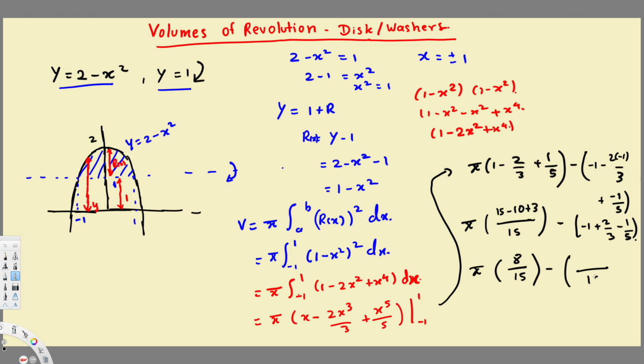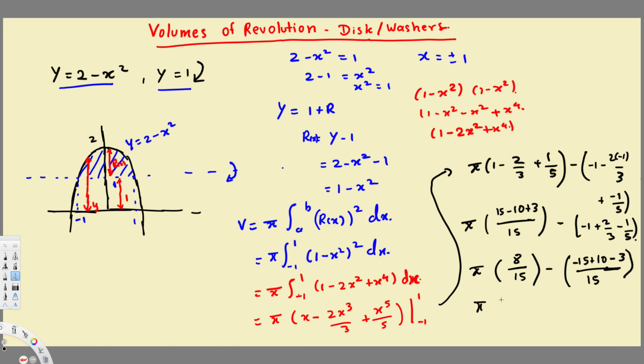And on the other side, we can also take 15 as the common denominator. The top one is going to be minus 15 plus 2, and instead of 2, it's going to be multiplied by 5, so 5 times 2 is going to be 10. And here we're going to multiply this one by 3, so minus 1 times 3 is going to be minus 3. If we add them together, let's see what we get.